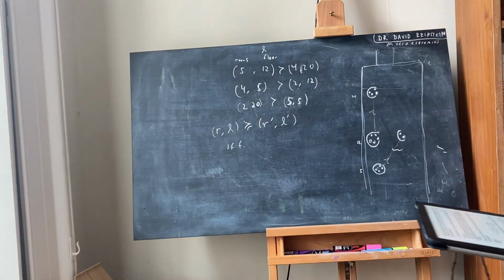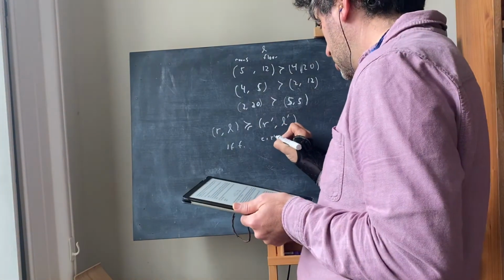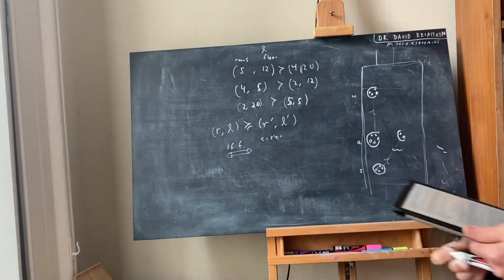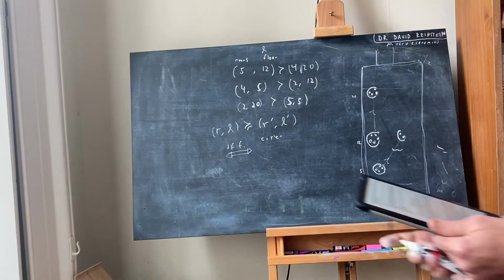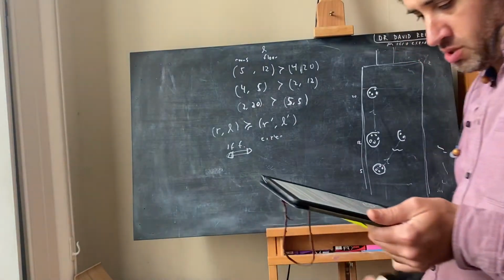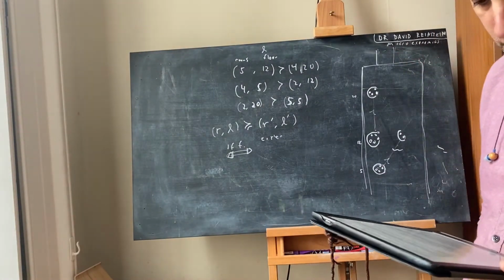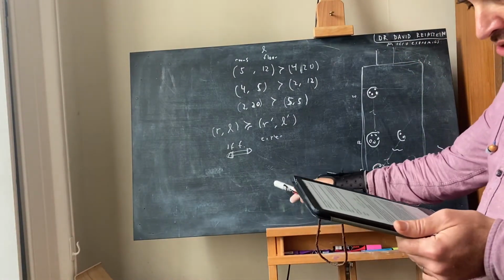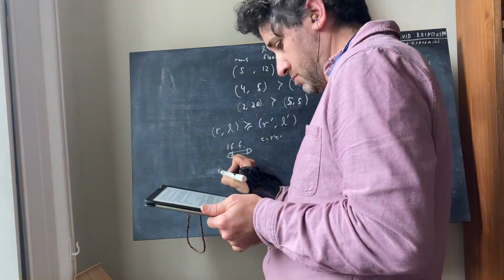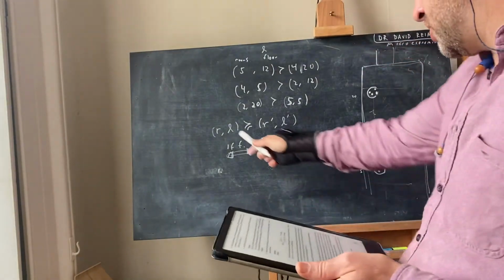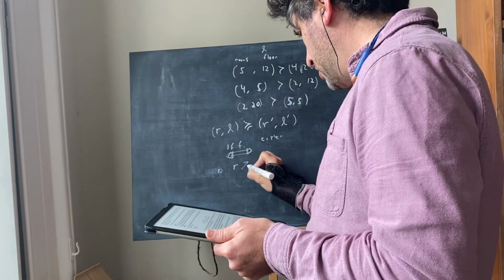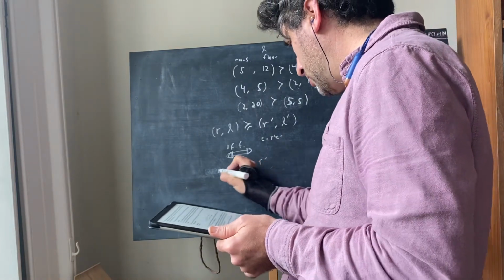okay, I could also say the arrow goes in both directions. That's the if and only if. So if one or both of the following hold: one, the number of rooms is greater, so R greater than or equal to R prime.